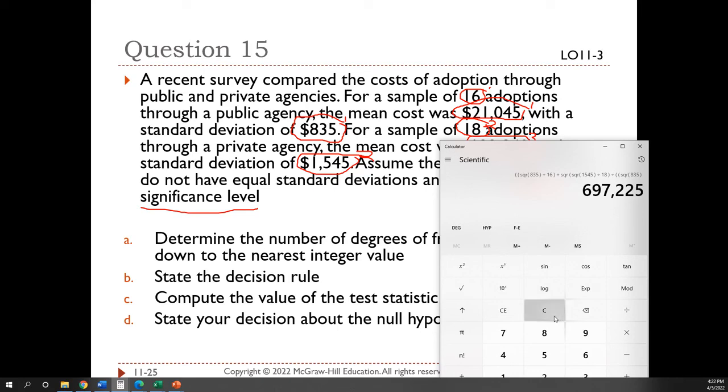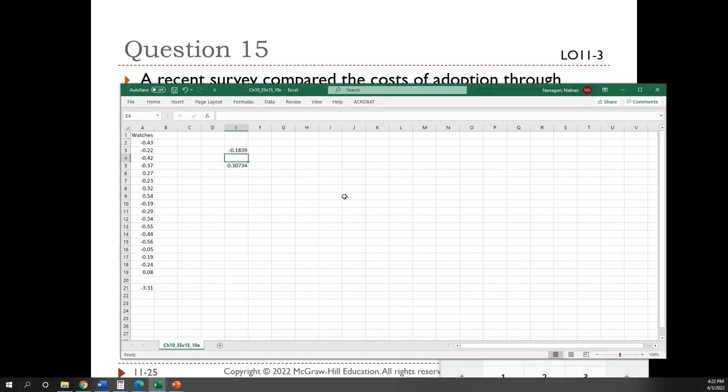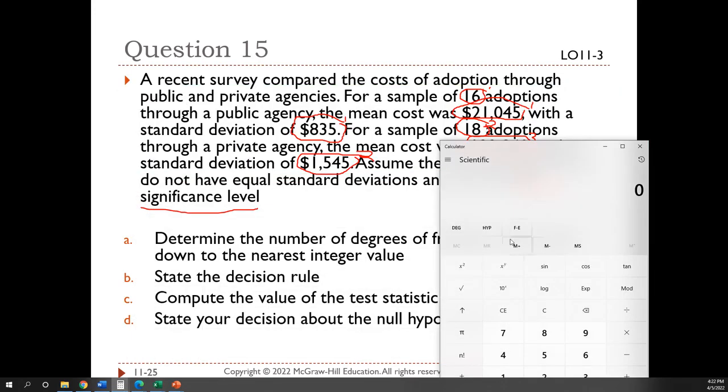Yeah, I just squared that one. Okay, we got a little problem. Alright, so we're going to do this in Excel. Let's pop up Excel. Alright. Actually, we can't. It's a little bit harder. Alright. One more time. So it's the fun part of having the calculators and trying to do them.